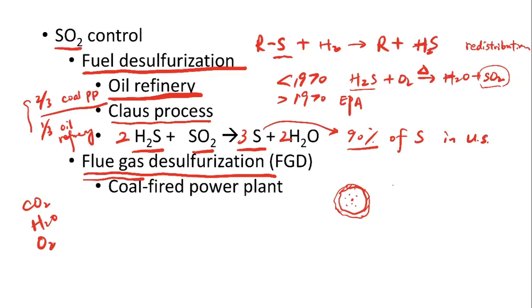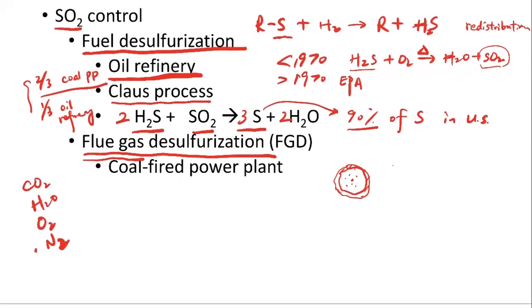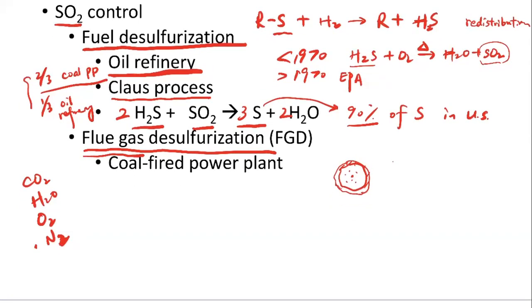So in the flue gas, we're also going to have oxygen and nitrogen. And of course, we have to have nitrogen there because nitrogen doesn't react during this process here. Okay. And then because of the sulfur in the coal, we're going to have sulfur dioxide. Okay. So there are many other types of gaseous species in the flue gas.